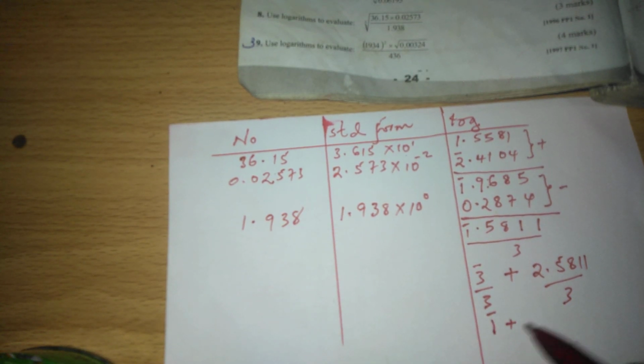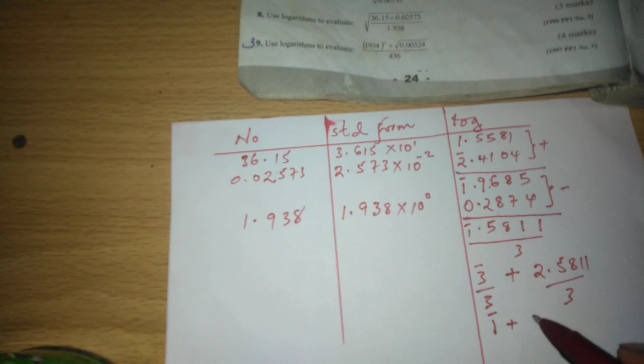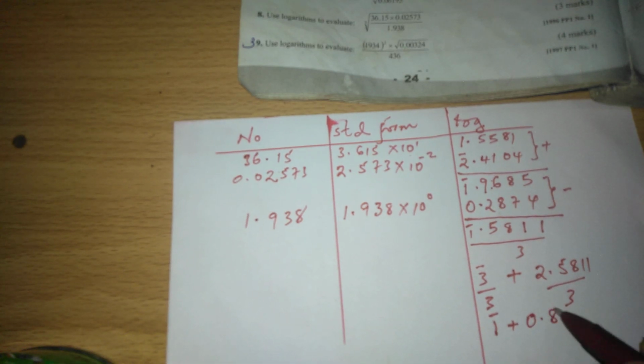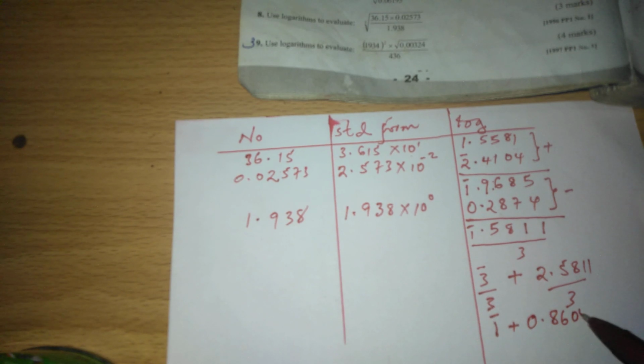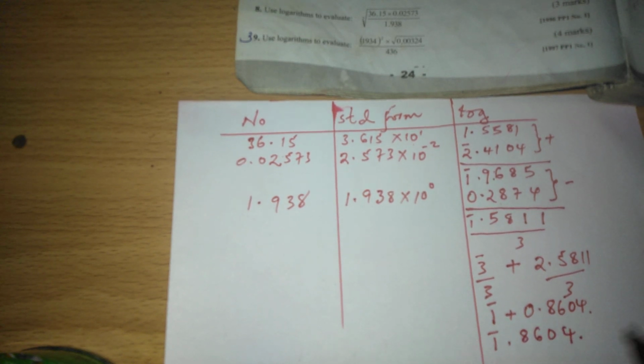Then we add whatever we get after dividing 2.5811 by 3. So we'll get 0.8604, such that now we have bar 1.8604 as the final logarithm.